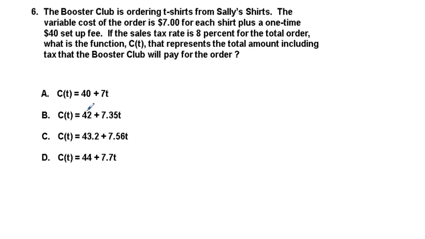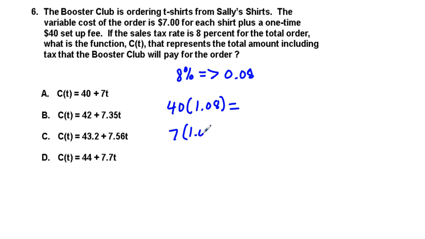6. The Booster Club is ordering T-shirts from Sally Shirts. The variable cost of the order is $7 for each shirt plus a one-time $40 setup fee. Sales tax rate is 8%, and 8% is equivalent, in decimal form, to 0.08. So what we have to do is take this $40 times 1.08, and then we take the variable cost of $7 times 1.08.